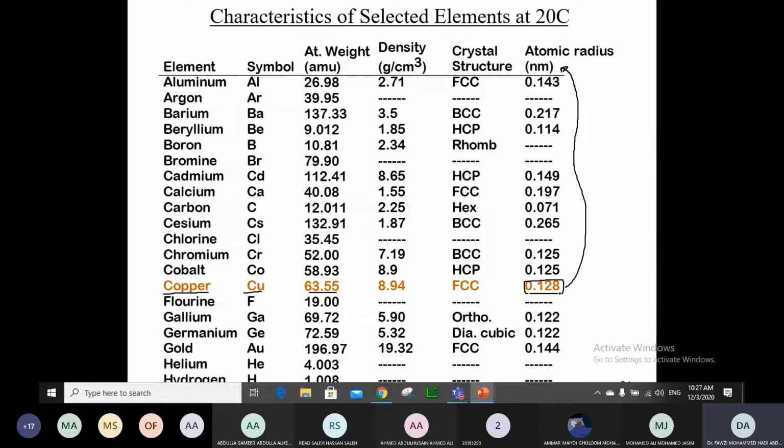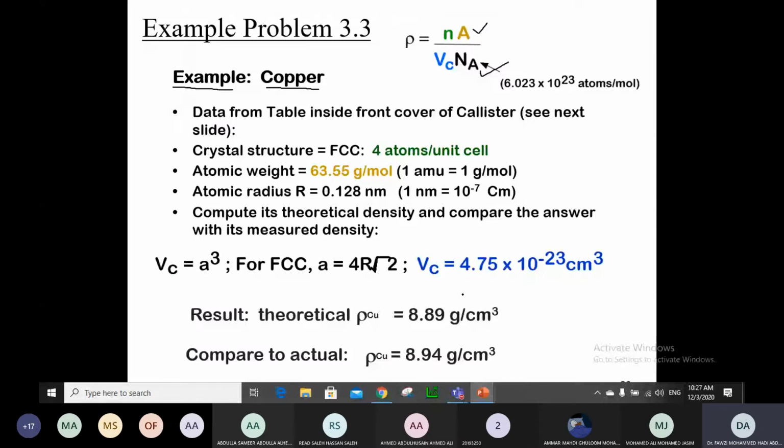But obviously I wouldn't give you the experimental density, and that you need to know. For copper, you need to know it has an FCC crystal structure. So to solve the problem, first of all, we say copper has an FCC crystal structure.